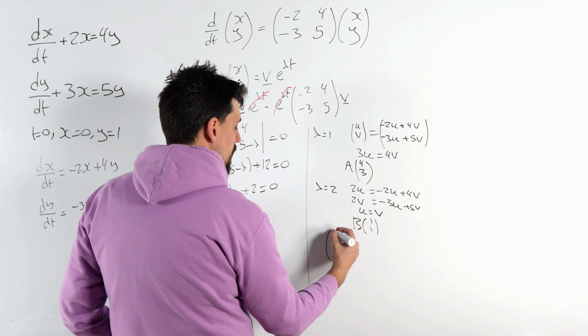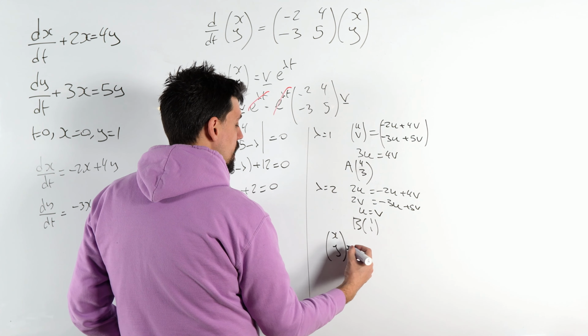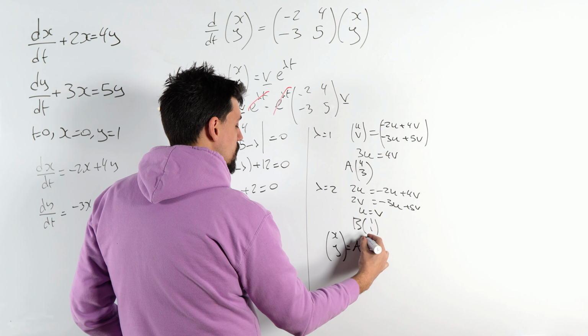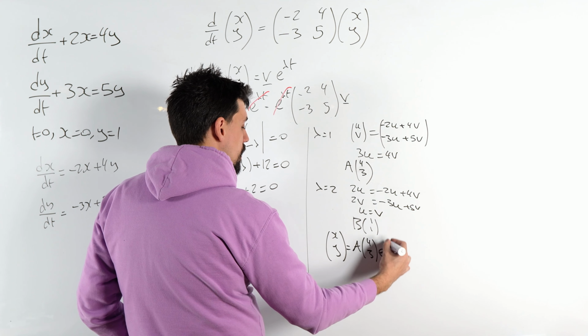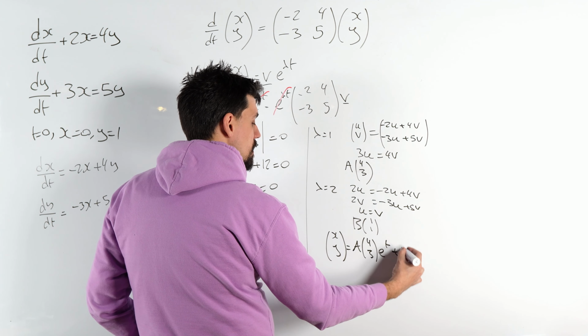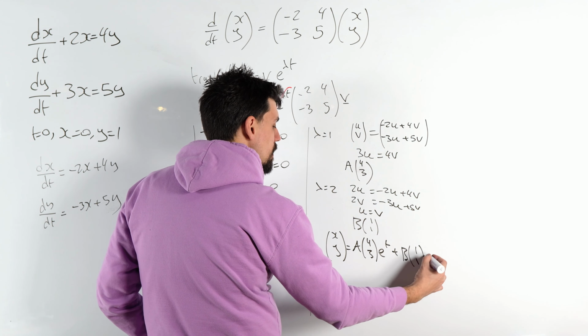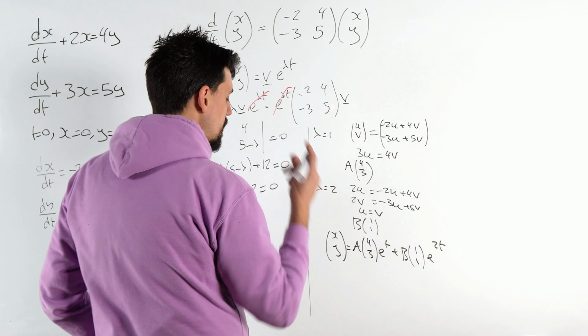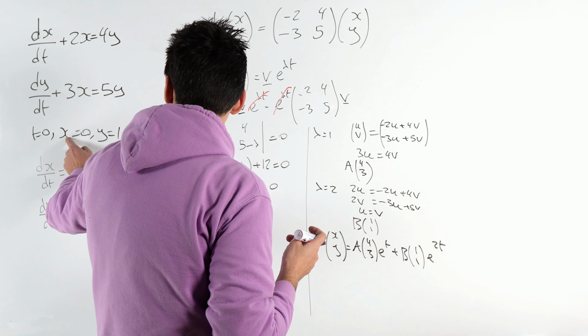So what that tells me is (x, y) is some multiple times (4, 3) e to the t plus some multiple of (1, 1) e to the 2t. And now we can plug in my initial conditions.